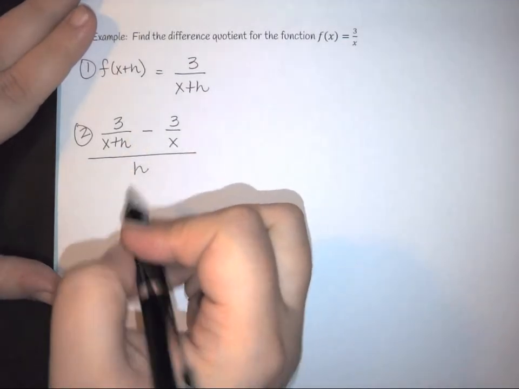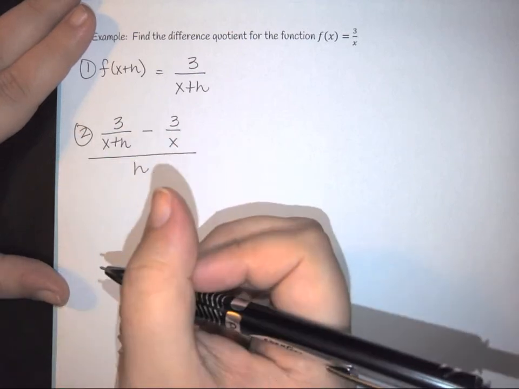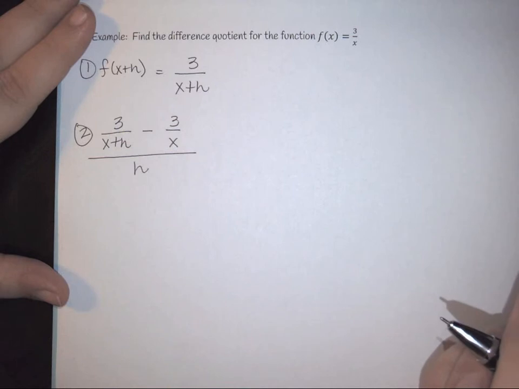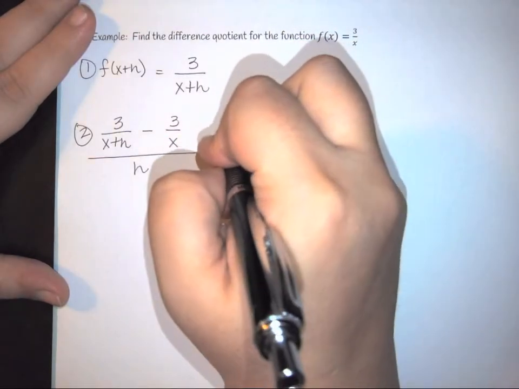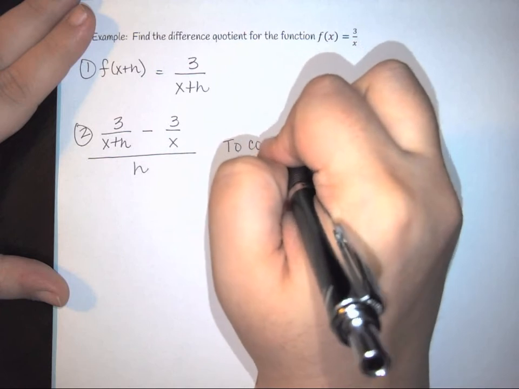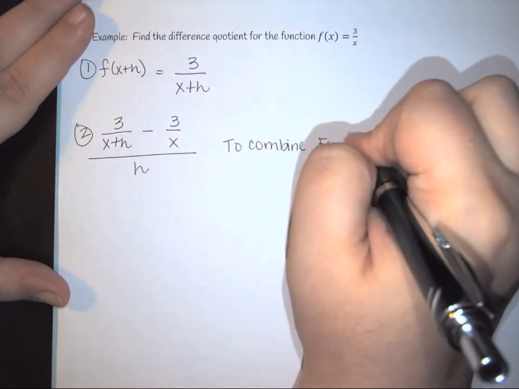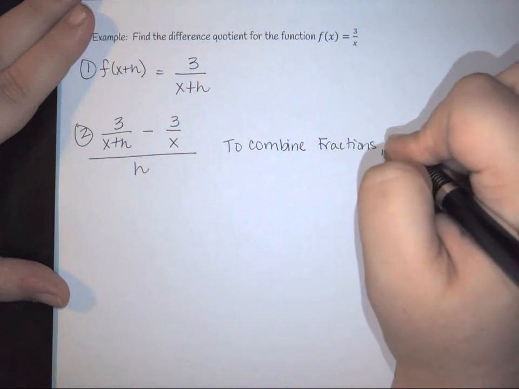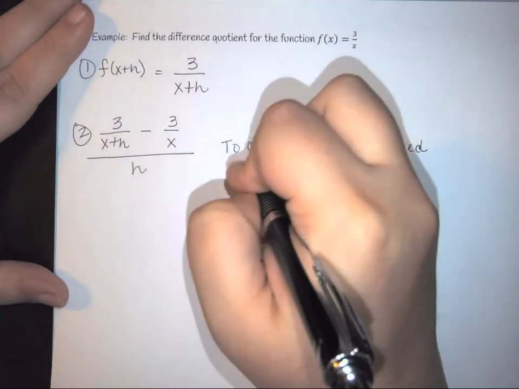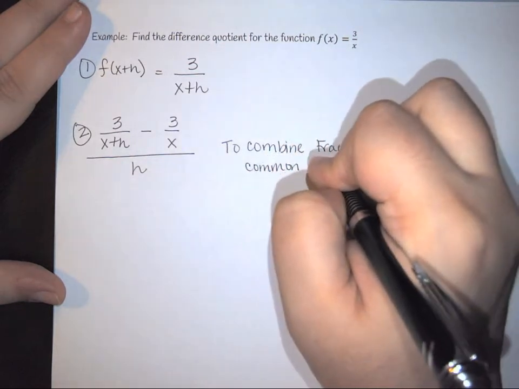So here, the first thing that we have to do is follow our fraction rules. So here we have to remember that to combine your fractions, you need a common denominator.